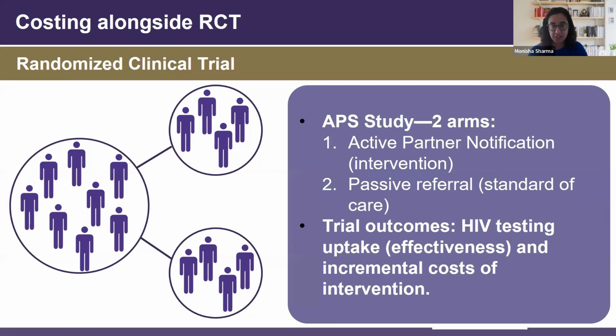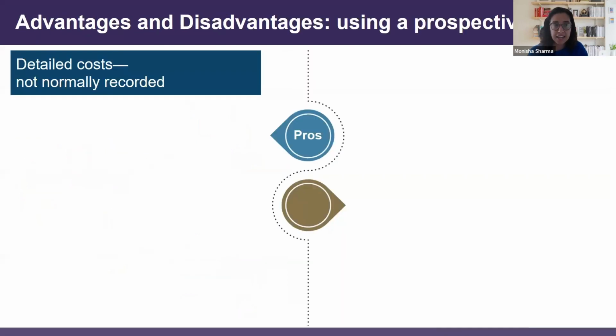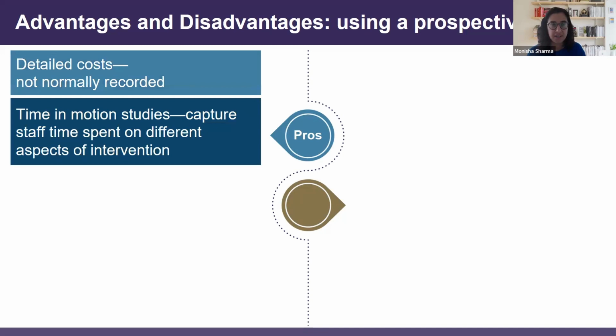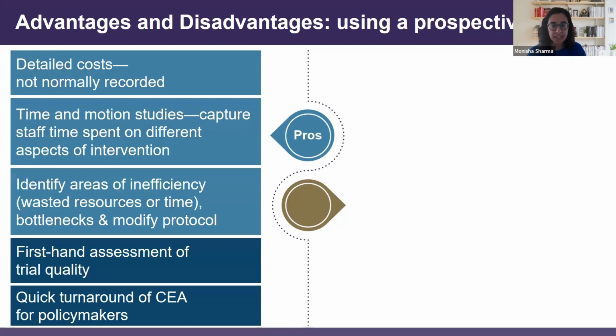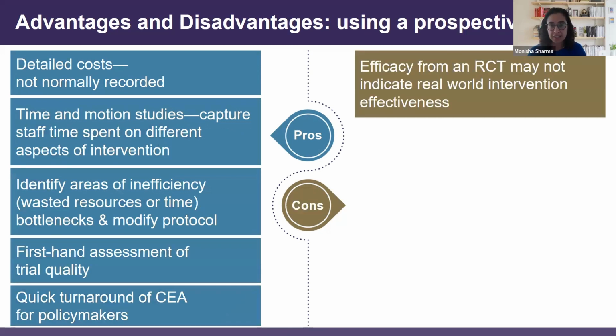And as I mentioned, there were two arms of the APS study. Some of the advantages of prospectively costing a trial is that you can get detailed costs that are not normally recorded, and then you can do time and motion. And then you get a firsthand assessment of trial quality.